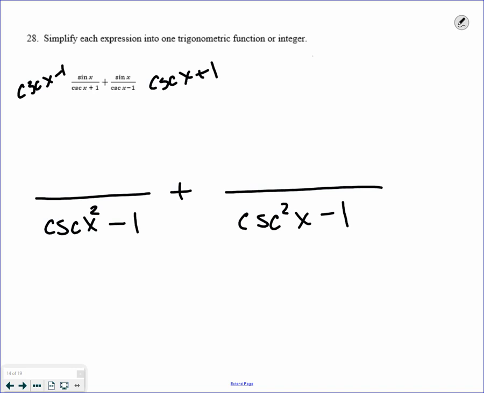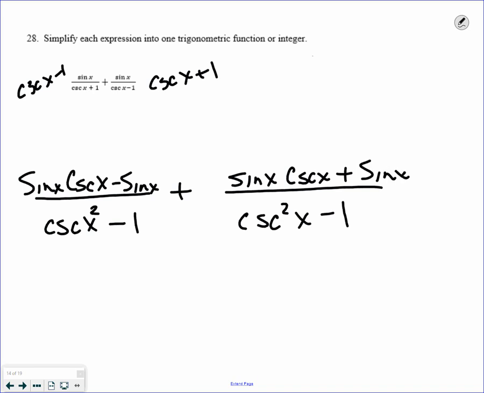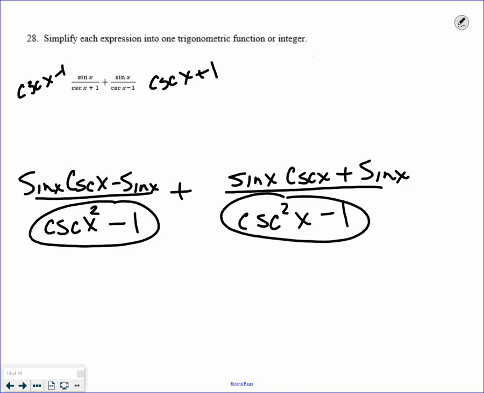And I'm going to distribute on the top. So I've got sine x cosecant x minus sine x. On the other side, I've got sine x cosecant x plus sine x. These two on the bottom, and I probably should have used a different color here, is a Pythagorean identity. Cosecant x squared minus 1 is equal to cotangent squared x.